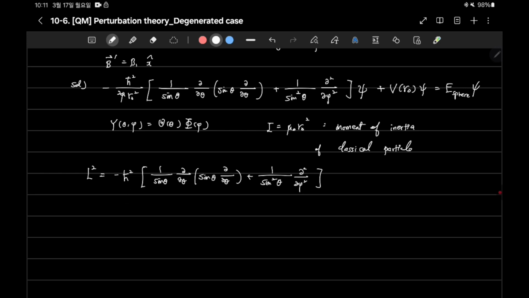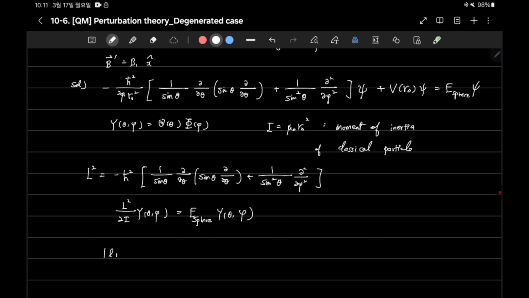So there is an energy eigenvalue equation: L squared over 2I acting on Y(theta, phi) equals the energy of the sphere times Y(theta, phi).